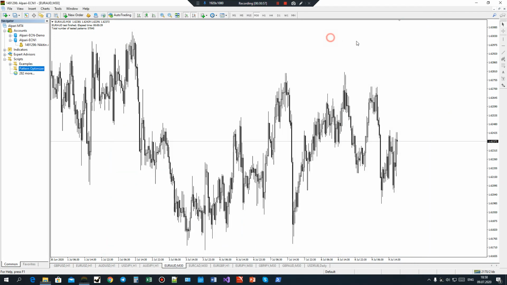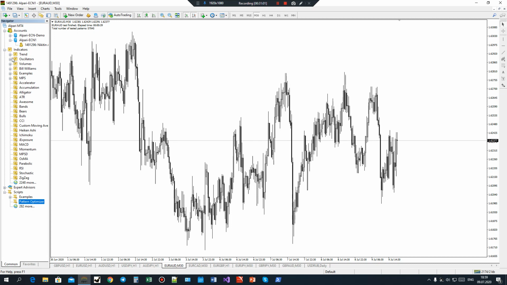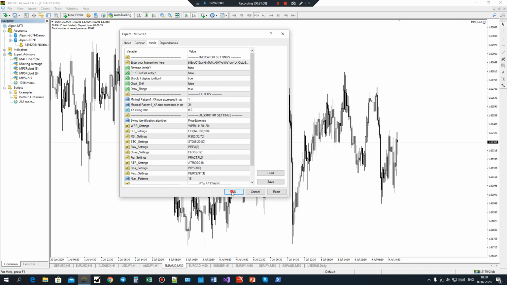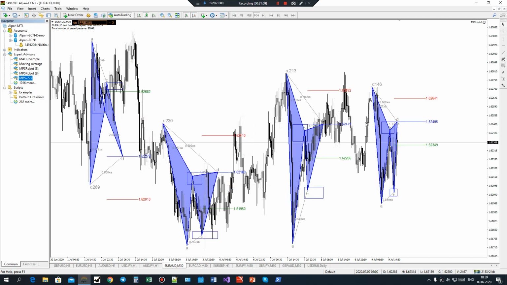Okay, so now if we simply apply MPS, it will read that file and it will display all those patterns. So the one is setting right now, this one didn't complete, this one worked best, and this one was a stop loss.